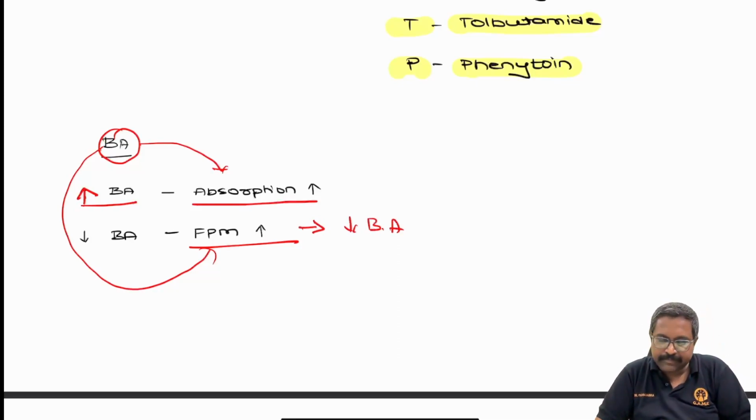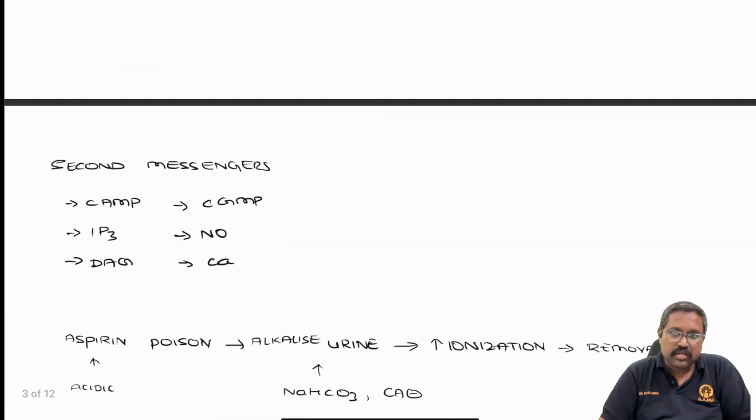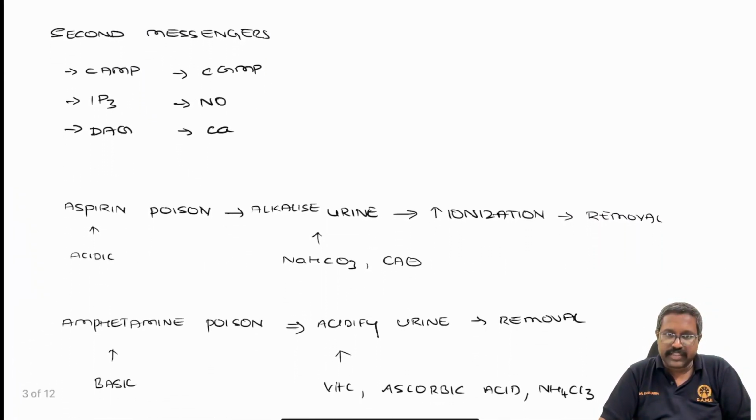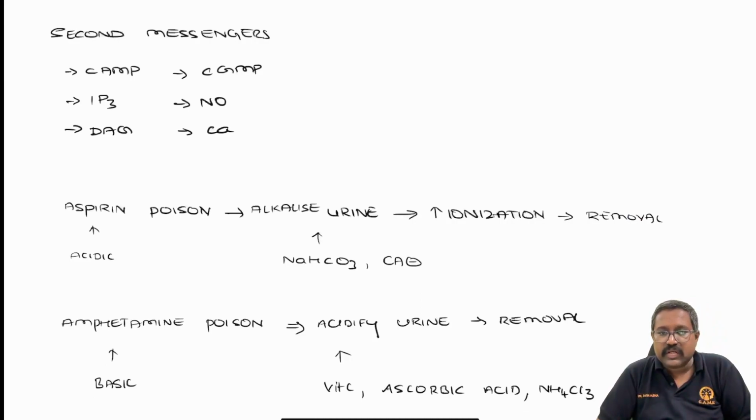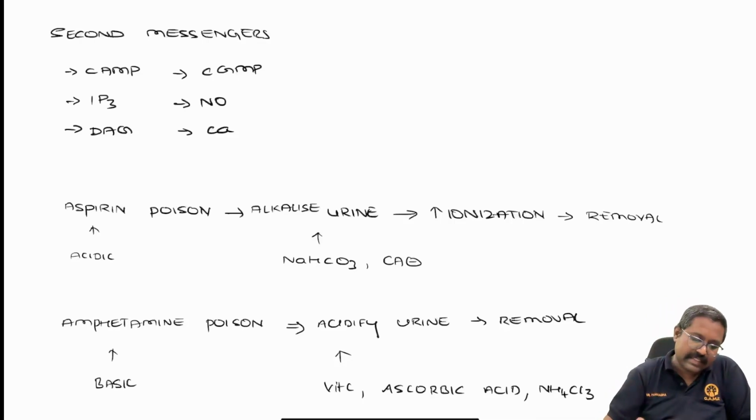Is that right? Fine. So let us move on to some of the very important questions that have already been asked in your previous exams. You need to choose some of the second messengers which are responsible for drug functioning in the cell as well as the organelles.